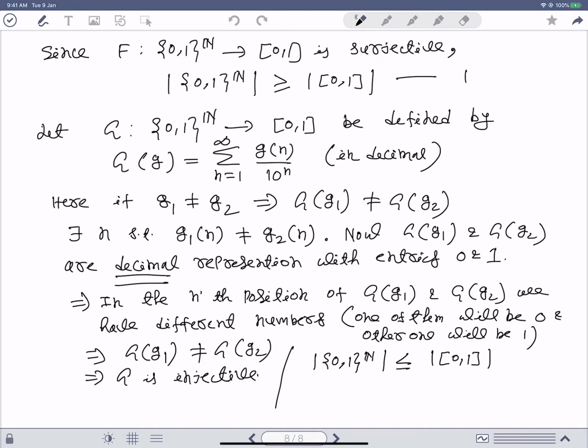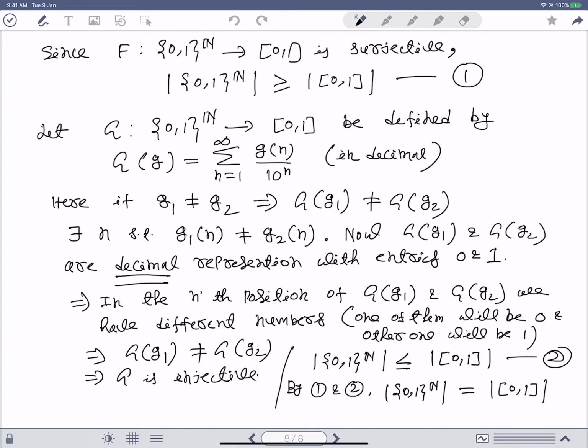So suppose this is 1 and this is 2. By 1 and 2 we have this cardinality is the same as the cardinality of the closed interval [0,1], right? So we are done.